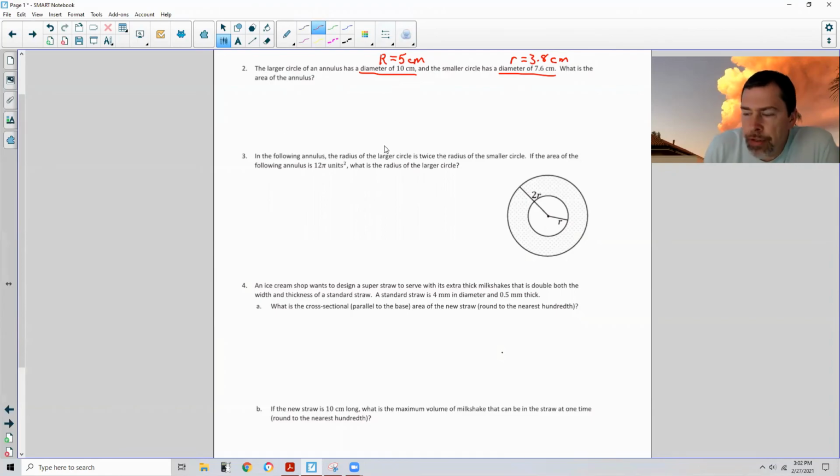Okay, so area equals, so it's area of the annulus or the shaded region. So the area of the shaded region equals pi times big R squared minus little r squared. Okay, so write the formula, substitute in the givens. Like so, simplify.